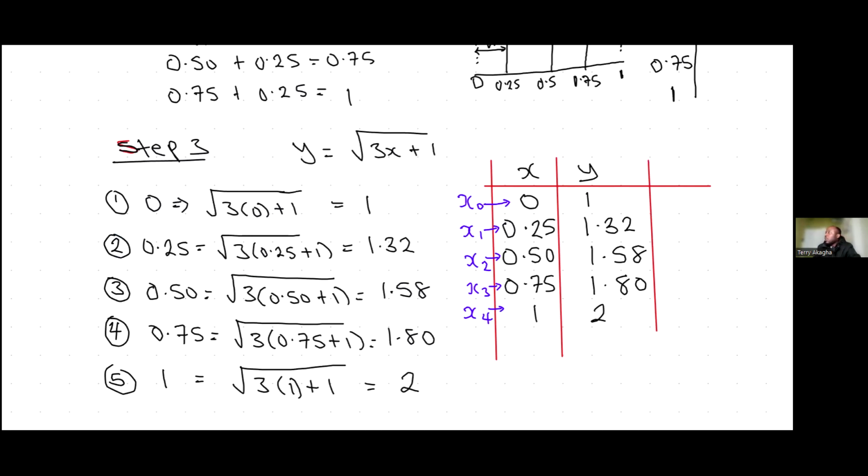This is the Y naught, then Y1, Y2, Y3, and Y4. So these values we have here are the Y1, Y2, the Y3, and the Y4.